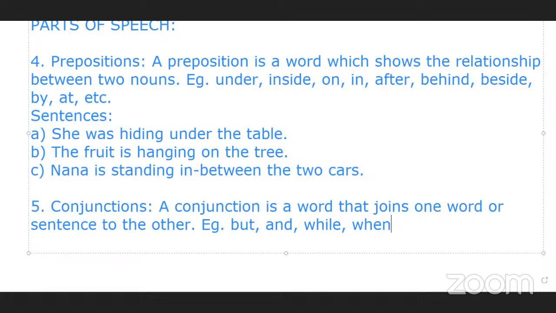Yes, when. W-H-E-N. That one you are going to explain to me with a sentence to show how that is a conjunction in a sentence. Any more words? Although, moreover. However.